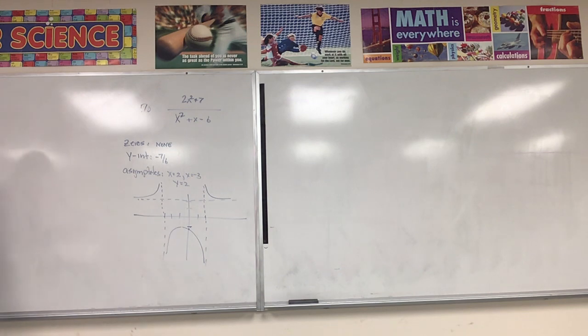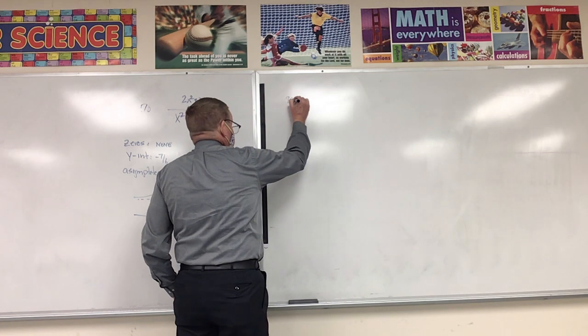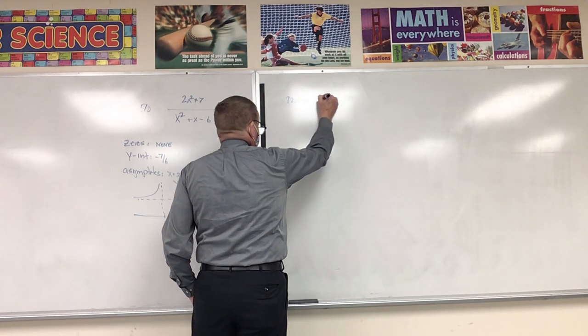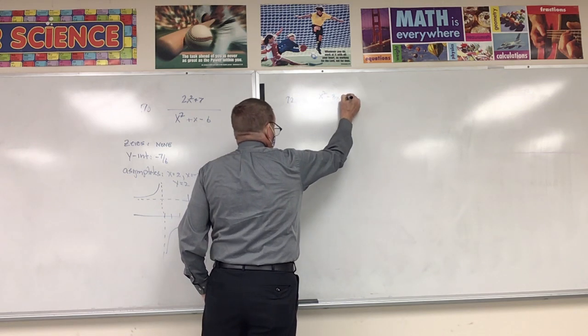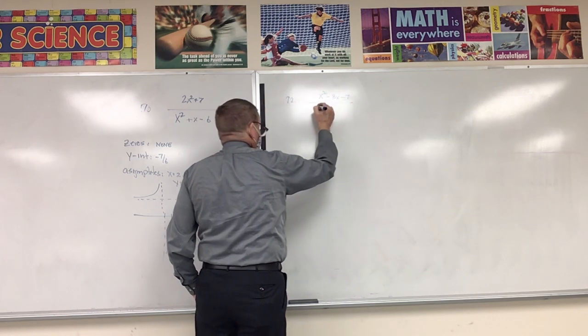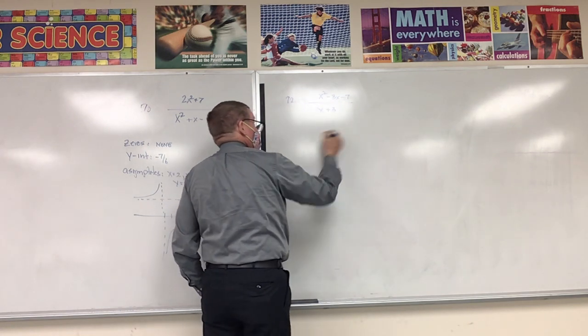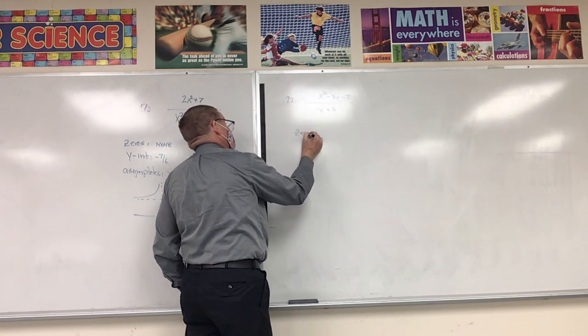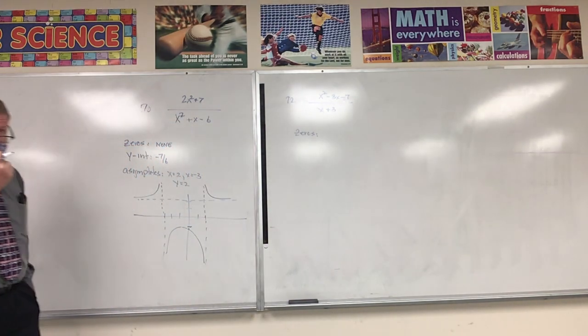72. All right, that was x squared minus 3x minus 7 over x plus 3. All right, so the zeros? No zeros?